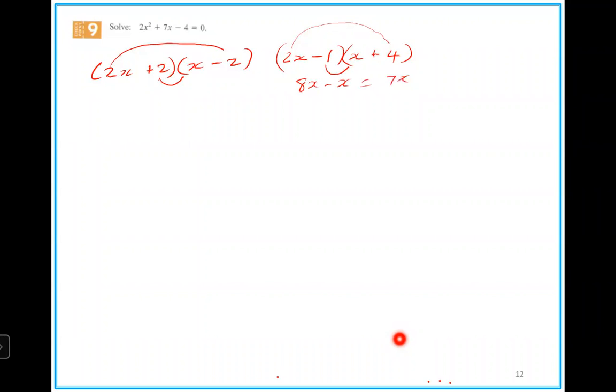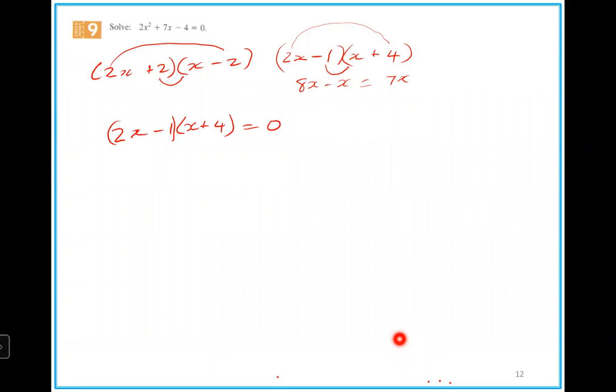So we're going to say then that 2x minus 1 times x plus 4 equals 0. All right, so now that we have factorized it and we know that those two factors equal 0, how are we going to solve for x?